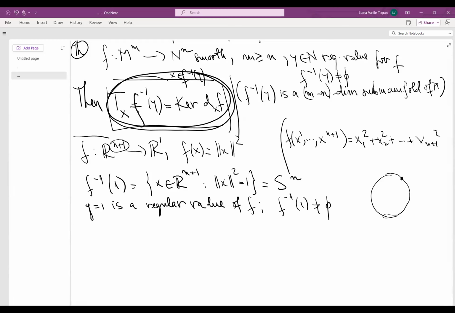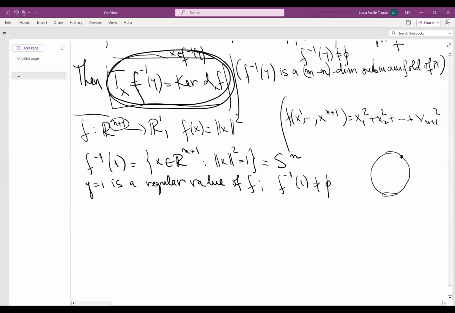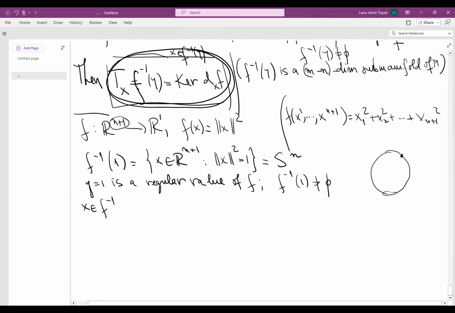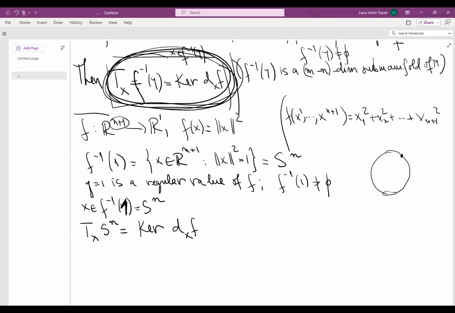So let's take a point x on the sphere, and our theorem says that the tangent space at the point x to the sphere S^n is the kernel of the differential of f at the point x, right? This is what the theorem says. So what is the kernel?